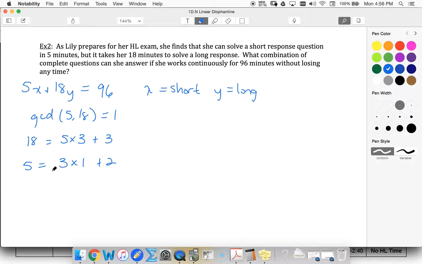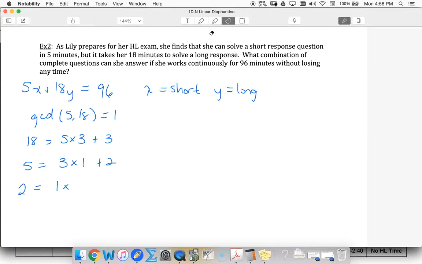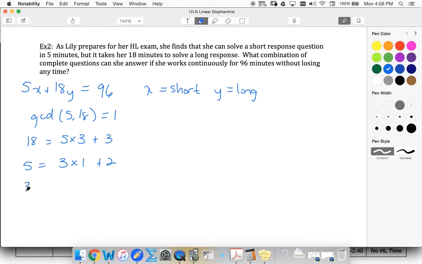Then 3 is equal to 2 times 1 plus 1, and now 2 is equal to 1 times 2 plus 0.